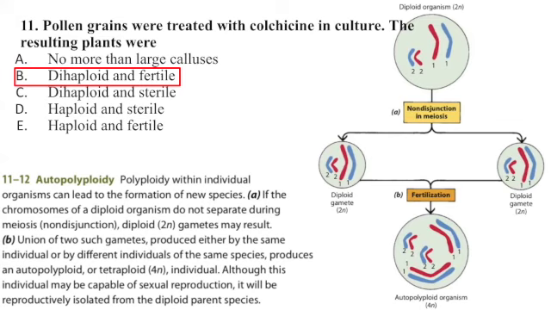So for example, seedless watermelons or bananas. If you get a wild one, it will produce seeds because it actually has an even number of chromosomes. But in order to make them seedless for our convenience, they make them triploid and then they are infertile.